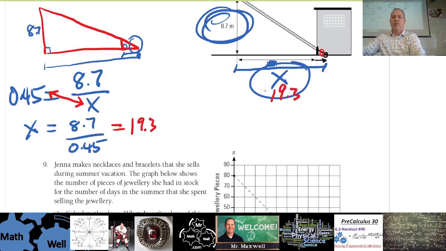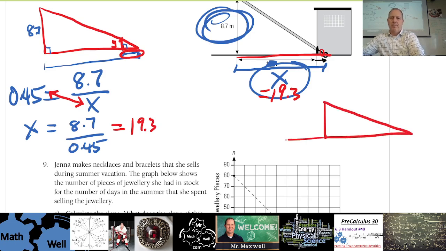X is 19.3. Okay. If that's the whole length, do you guys see that I can now figure out what this length is? What that little length is? And then I can let this height right here equal a different one. So if this is 19.3, what's this little piece right here?